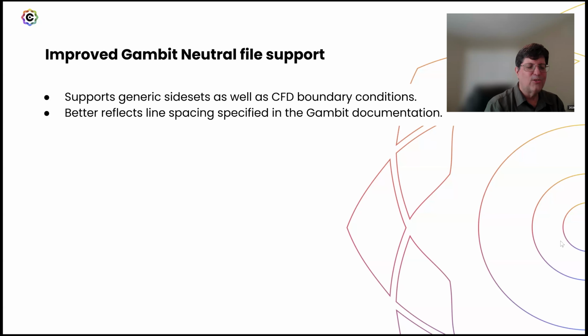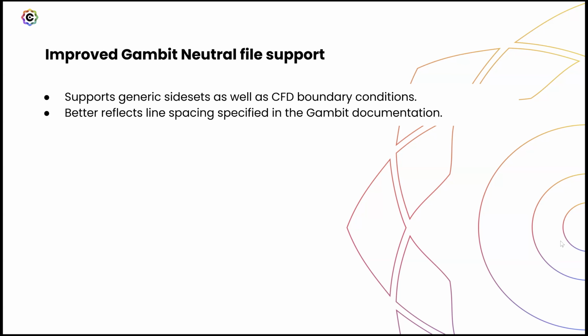We had a user that was using Gambit neutral files, and they said it doesn't work with our process. So Gambit neutral files now support generic side sets as well as CFD boundary conditions. The Gambit neutral file better reflects what's in the documentation as far as line spacing and where things are at.